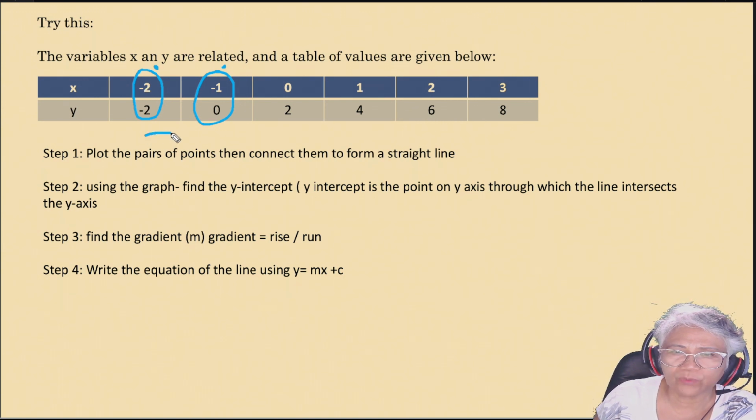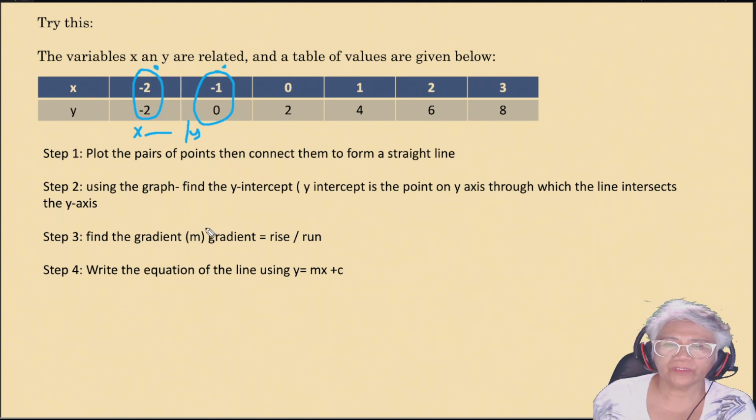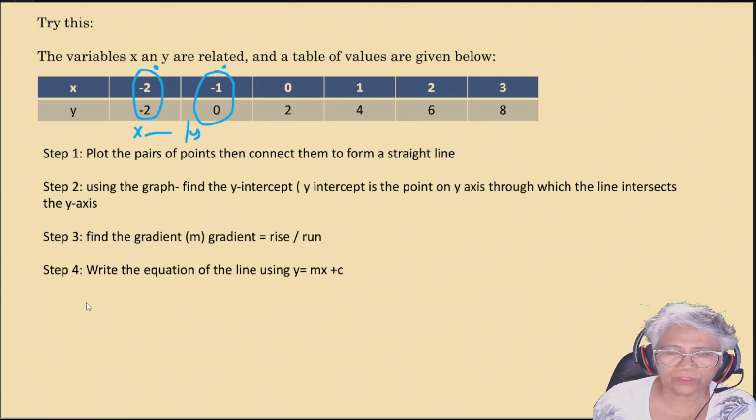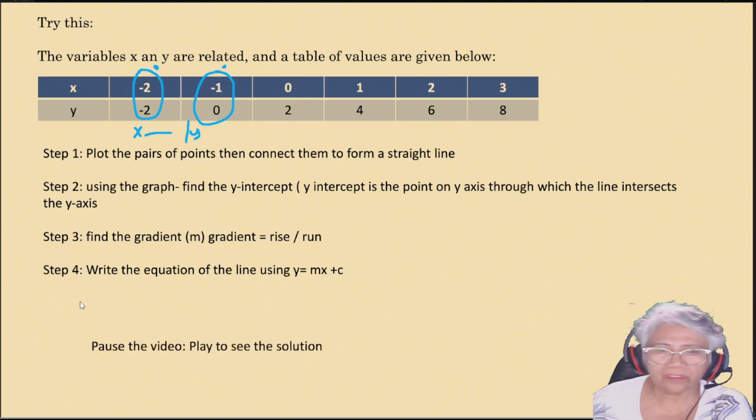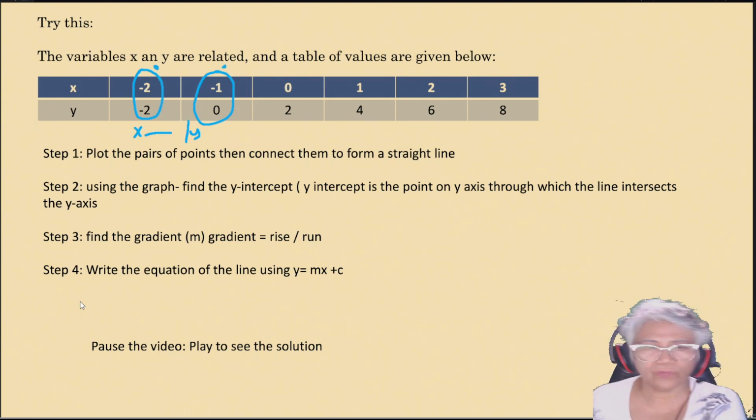So that would be your x-axis, and that would be your y when you plot them. Okay? So across and then up or down. Alright, so I'm going to give you some time to work on this, and then I'll show you the solution to this problem.